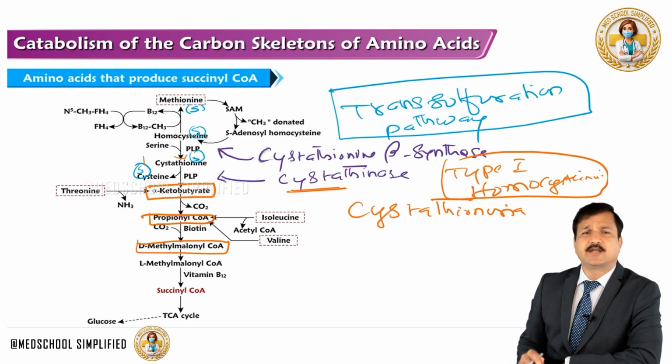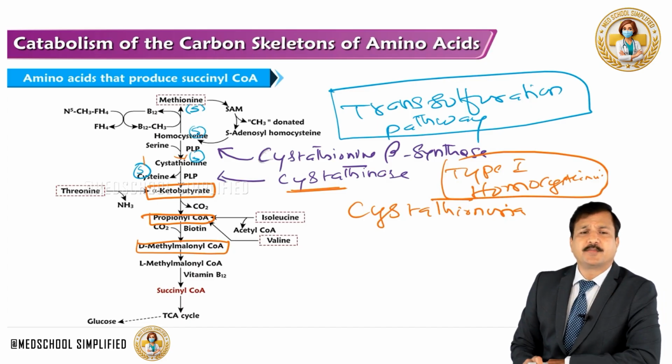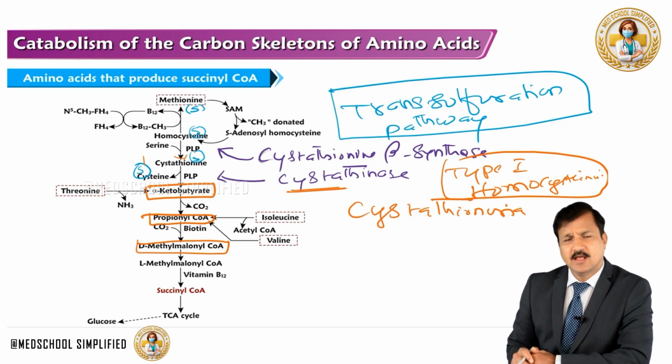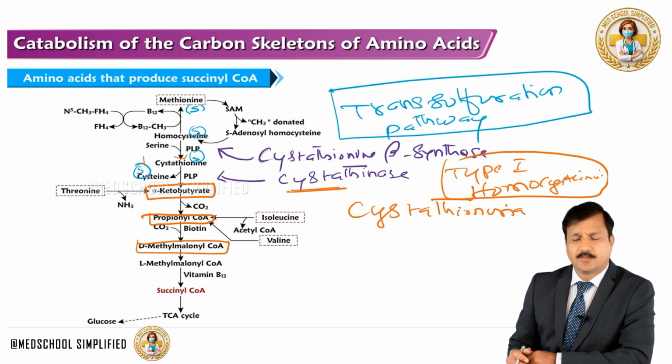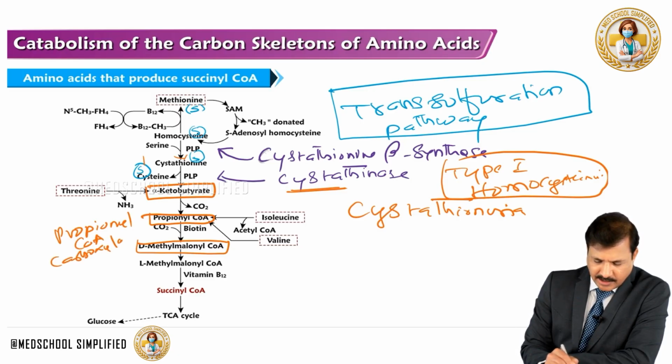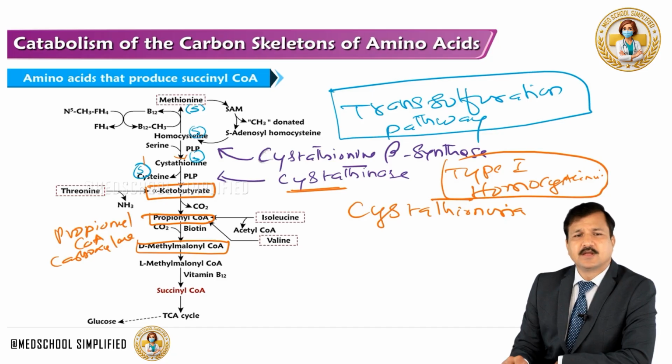I have already explained the conversion of propionyl-CoA to methylmalonyl-CoA by propionyl-CoA carboxylase in oxidation of odd number carbon fatty acids, in my previous lecture. The enzyme is propionyl-CoA carboxylase, which needs biotin as the coenzyme.